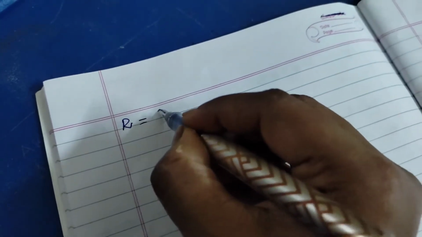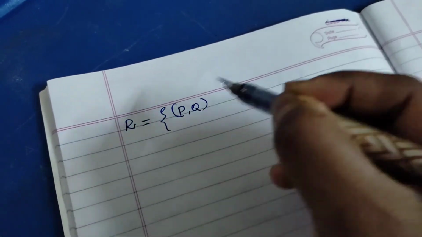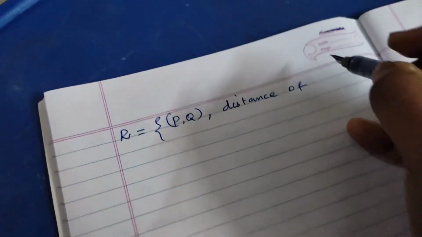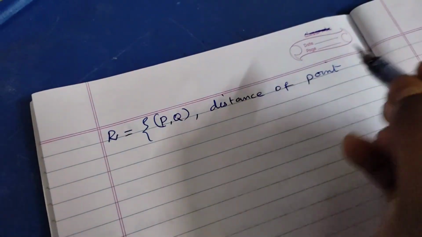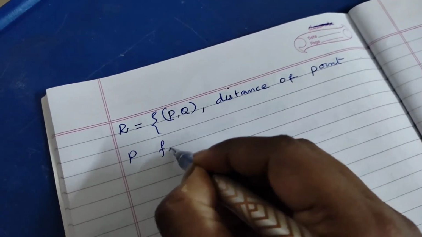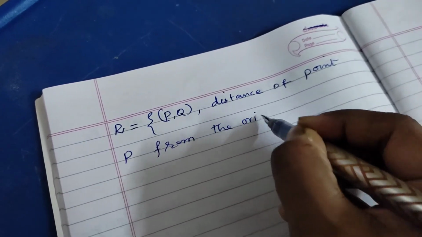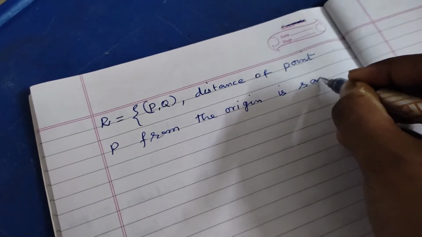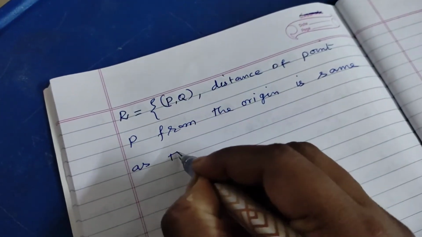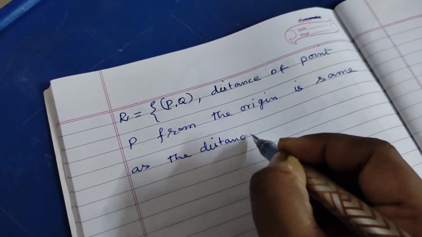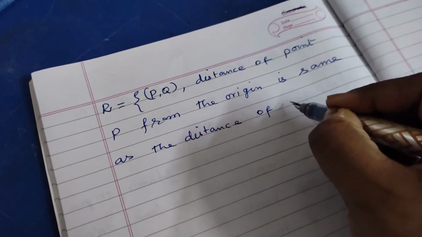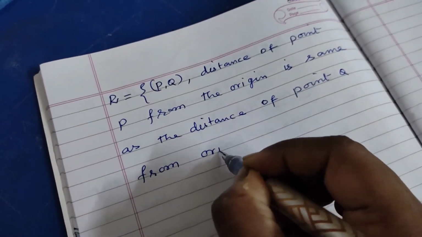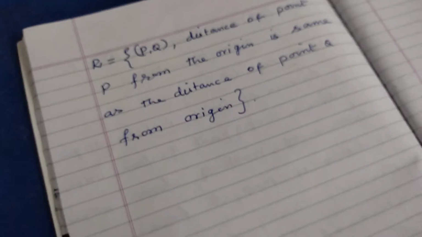R is equal to the set of all (P, Q) such that the distance of point P from the origin is the same as the distance of point Q from the origin. This is the given relation condition.